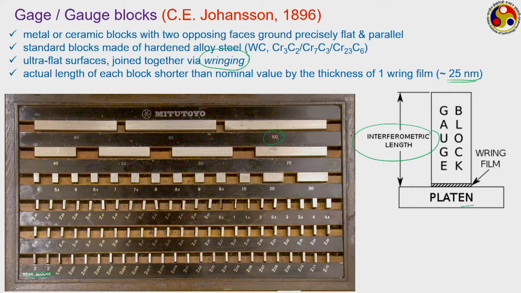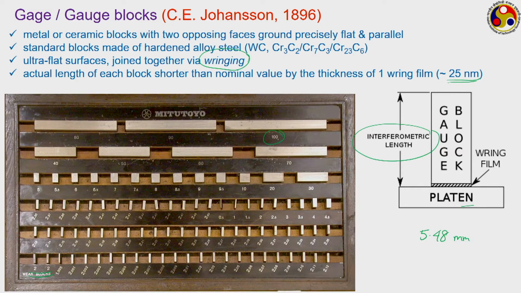Suppose you want to measure a value of say 5.48 millimeter. Then what are the gauge blocks that you should go for?